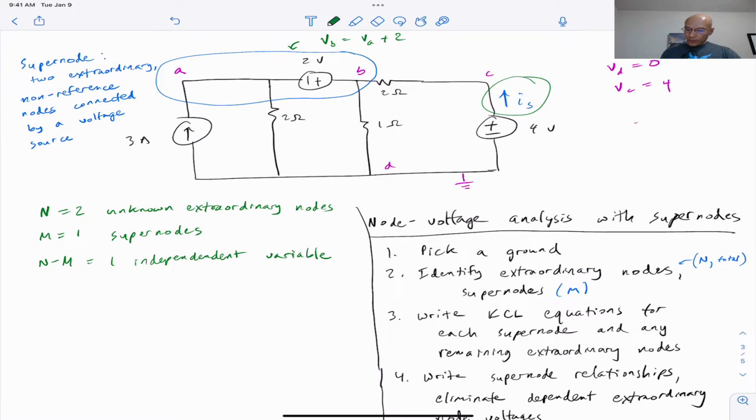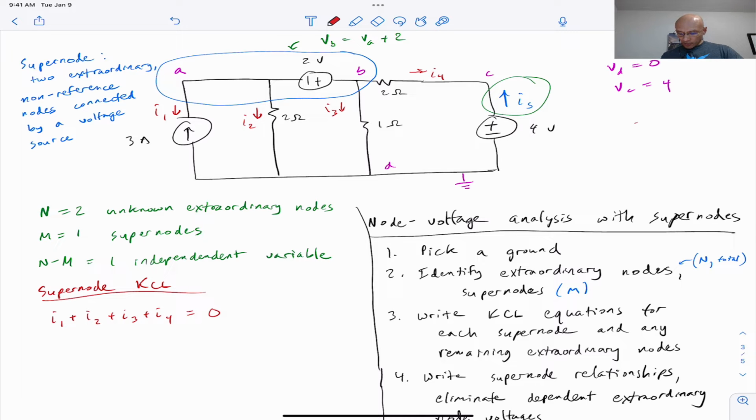Okay, so we have this supernode that I've circled in blue. Let's do a KCL equation. We only have one supernode. There are no remaining extraordinary nodes that are non-reference. So let's identify the currents leaving. I have 4 currents leaving, I1 through I4.